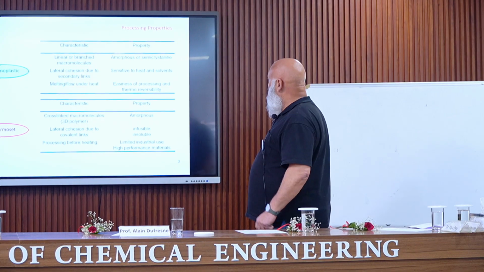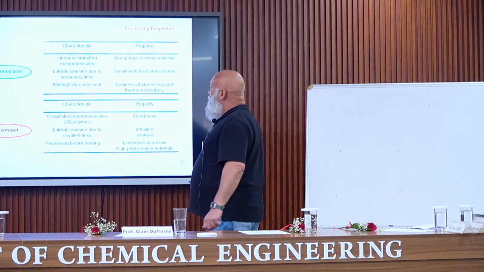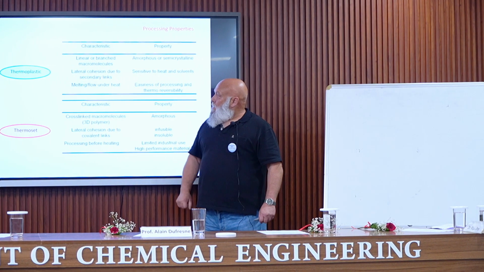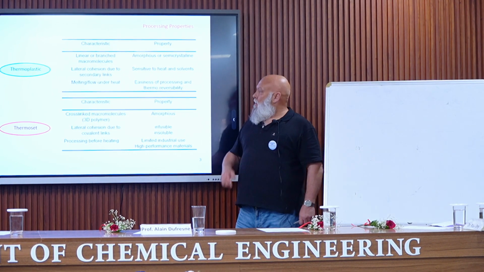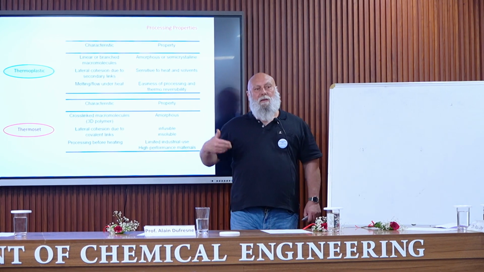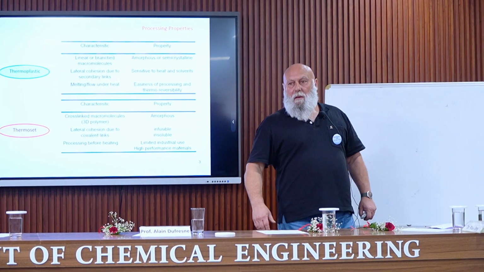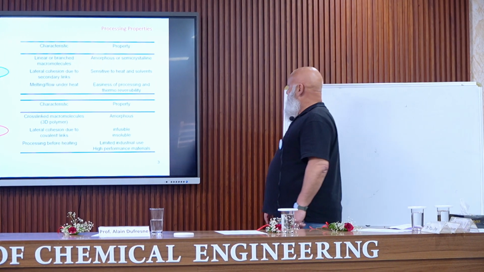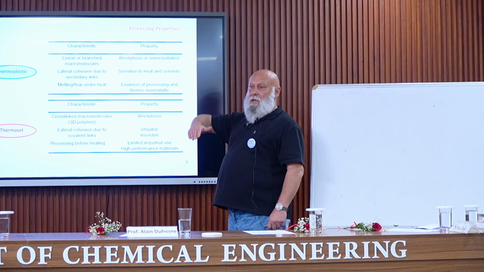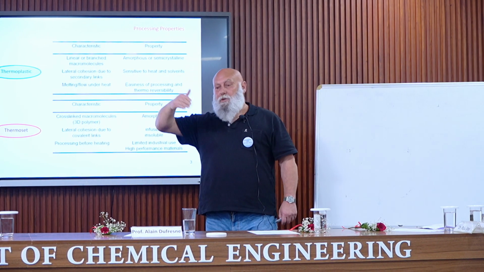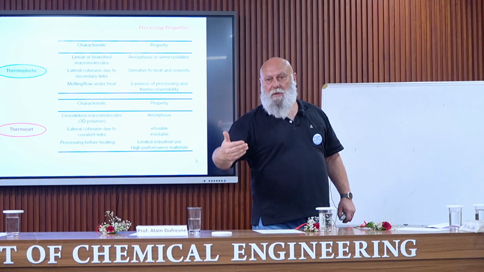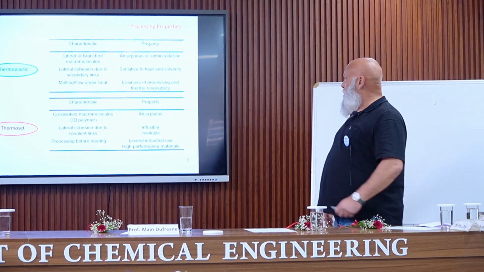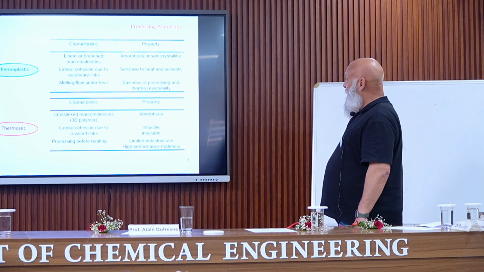Now, from a processing point of view, thermoplastic can melt or can flow when increasing temperature, meaning that it's quite easy to process this material because you just have to heat to increase the temperature, change the viscosity of the material, you can obtain a liquid, and this liquid can be shaped in any form using different processing techniques, and then this shape has to be fixed by cooling the material.